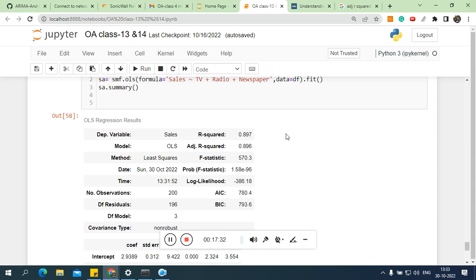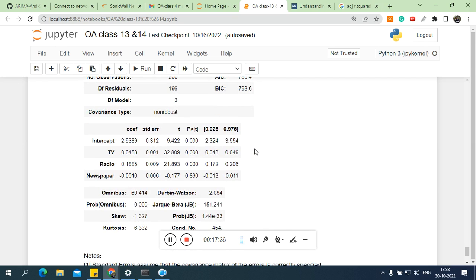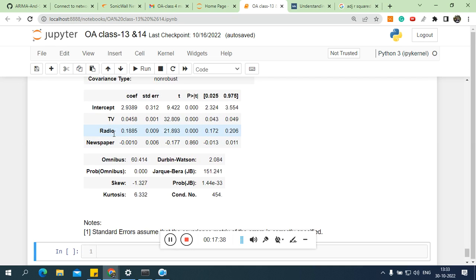Okay, so that's why many times adjusted R square is more robust to calculate the accuracy of the model. Adjusted R square is also 0.89. When I talk about the TV, the probability is less than 0.05. When I talk about the radio, the probability is less than 0.05. And when I talk about the newspaper, what is the probability?